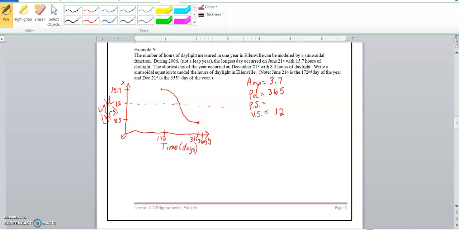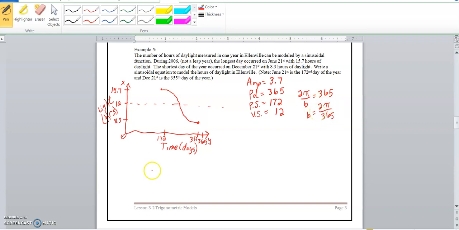Our phase shift is, well, cosine should start again on the y-axis over here. It should start at the peak, but we moved 172 days. Also, 2 pi over b is equal to our period 365. So b is just 2 pi over 365. And I would just leave it exactly like that.